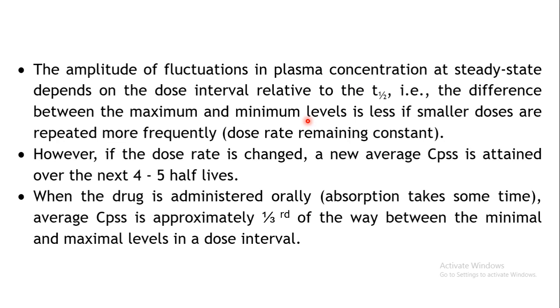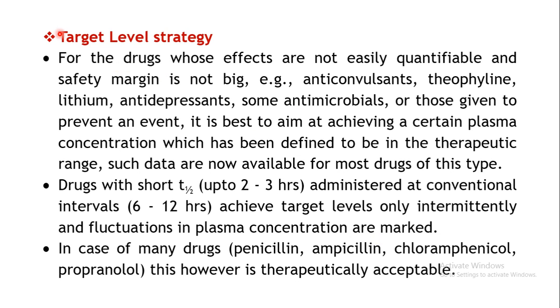Ideally the fluctuations are not advisable, but you can minimize them by selecting appropriate intervals after which you add the new doses. However, if you change the dose rate, the CPSS, that plateau which occurs, will also adjust accordingly. It will change. And the next concept is the target level strategy.